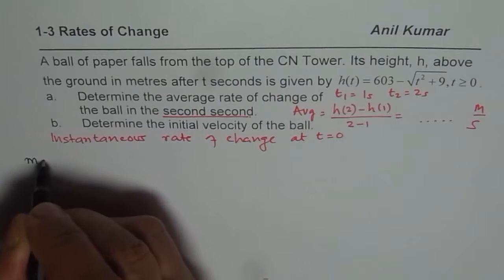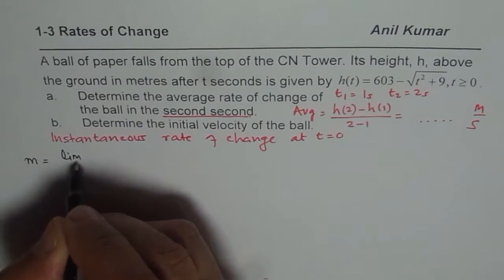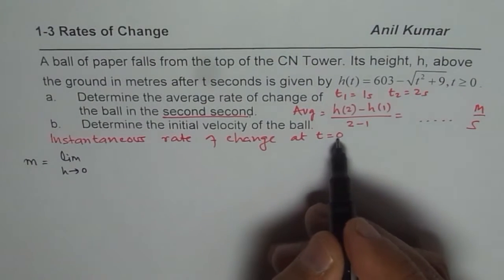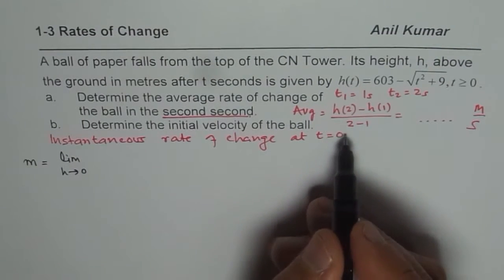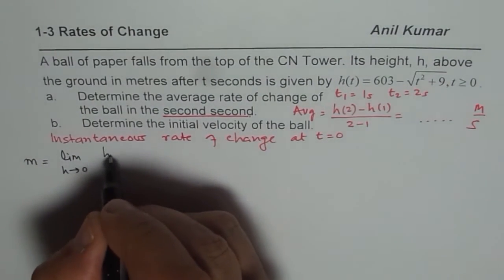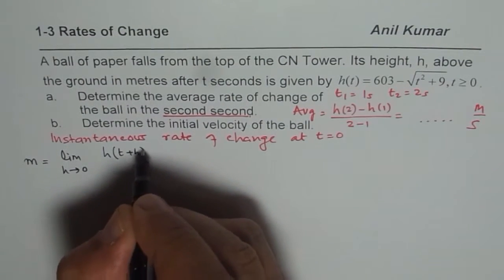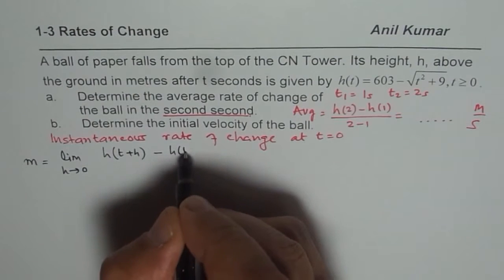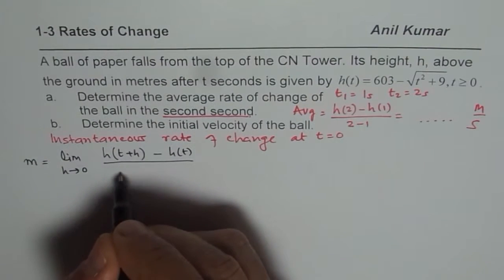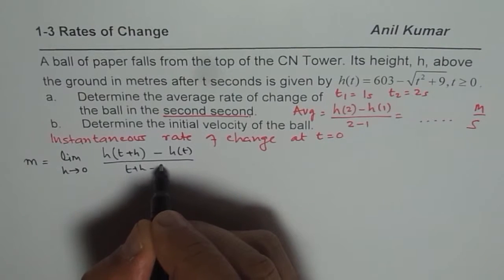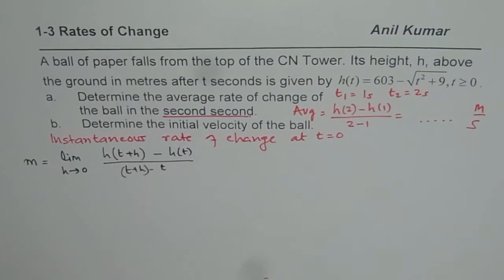So we can write the slope of the tangent as a limit, where we take two points. One, of course, will be at t equals 0, and the other one very close to that. We'll write the general expression first: the limit as h approaches 0 of (h(t + h) - h(t)) divided by h.